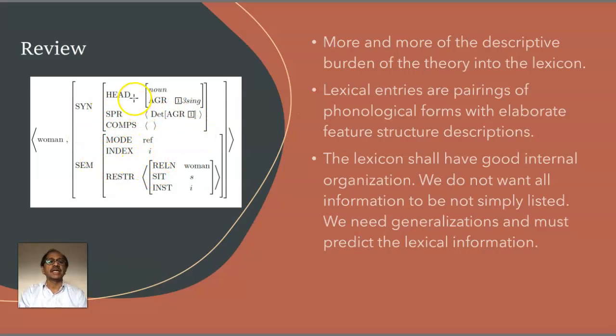All the information is given in the lexical item, including what agreement it takes, what specifier it takes, and what kind of complements it takes. All the descriptive information is given in the lexicon. So the lexicon should have very good internal organization.